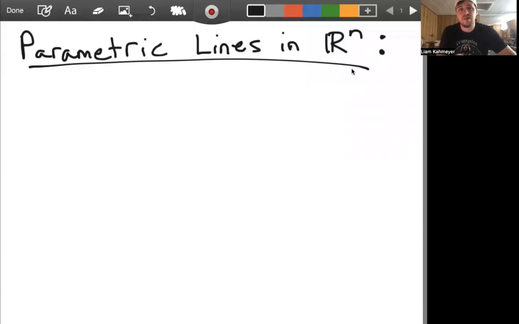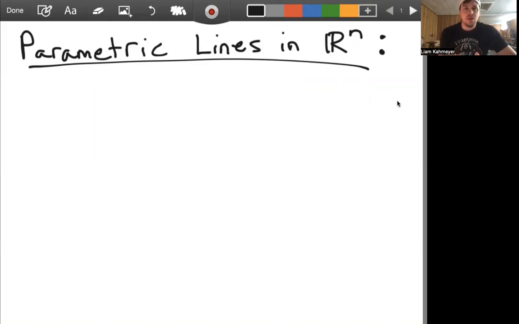Now that we've developed some vocabulary and understanding of vectors in n-dimensional space as a generalization of what we saw in Calc 3 in 2- and 3-dimensional space, we want to use these to understand more complicated things.